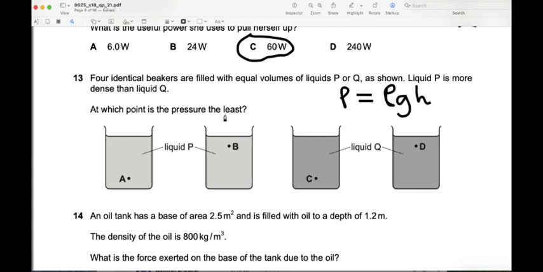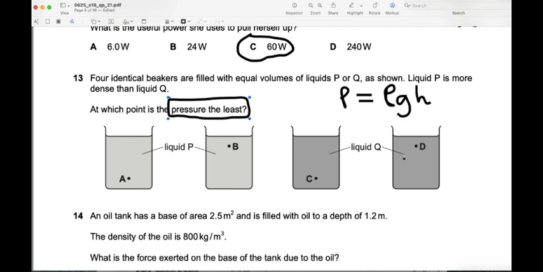If they wanted the greatest pressure, we would have gone for A and B because it has a bigger density, since pressure depends on the density and the height of the substance. Since they want the least pressure, we go to the option with the least density. The less dense ones are C and D.